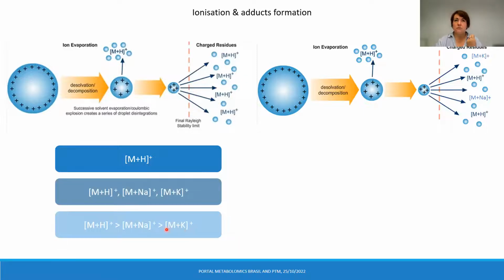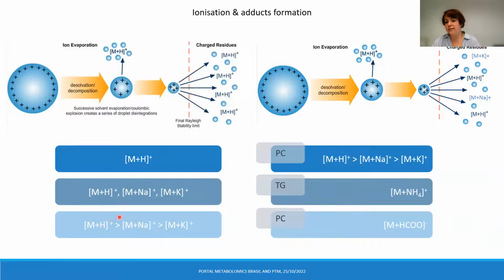I would rather say that it's highly conservative, and as long as we are not changing significantly the mobile phase, this pattern will be observed between different laboratories. Of course, it might happen that, for example, the protonated form is twice as high as sodiated in my lab, but only 1.5 times higher in another lab. But still, it will be significantly higher than the sodiated form. So this is something I would say rather conservative.